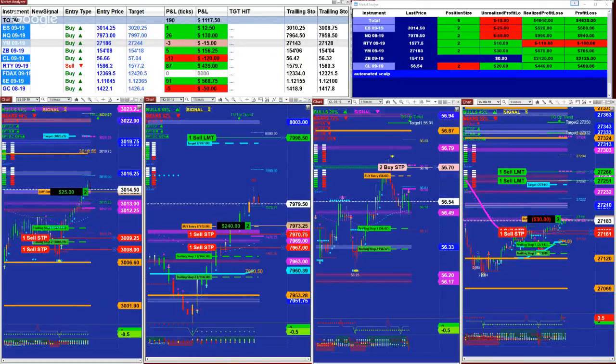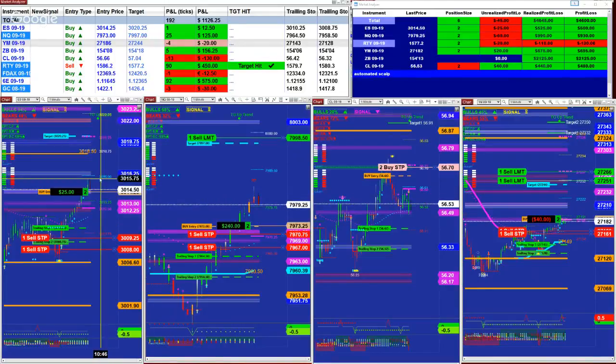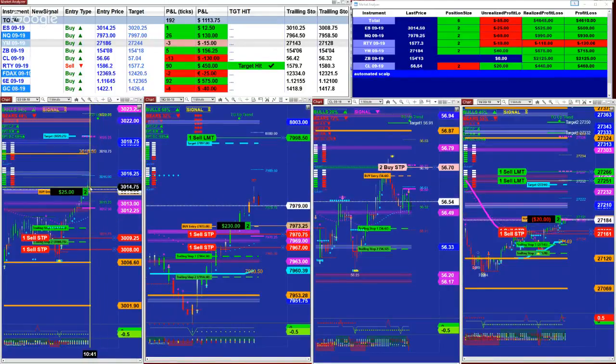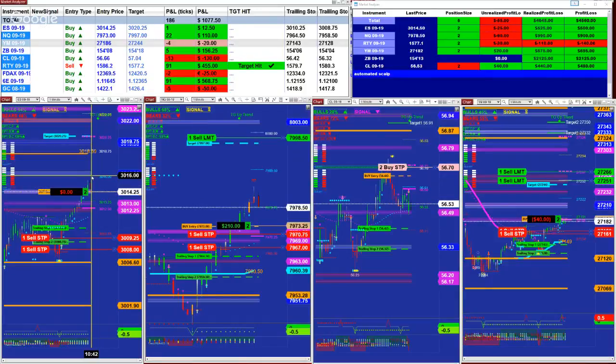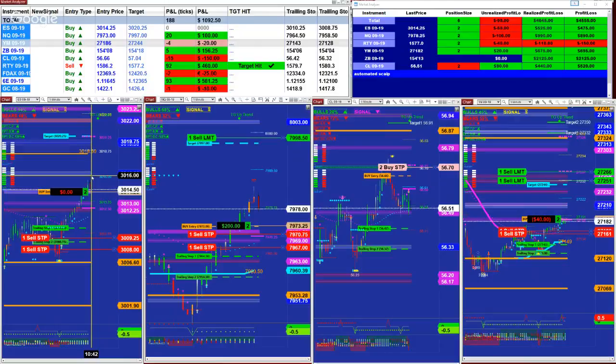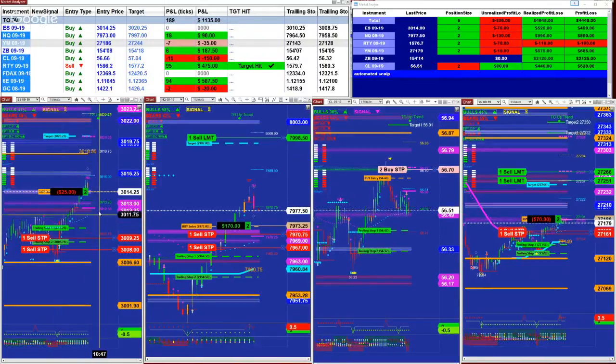So this is where the ES is struggling to get up at those levels here, 3016. So there is a weakness to the long side, and if we're not gonna get any buyers on the board, it's gonna sink into this area here.